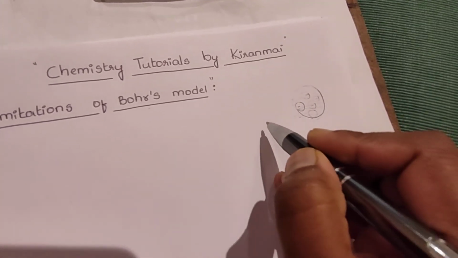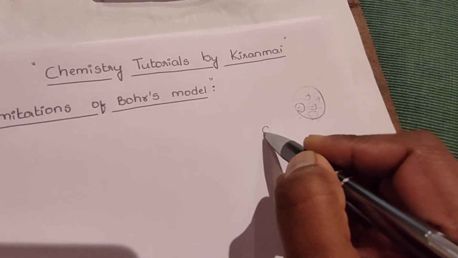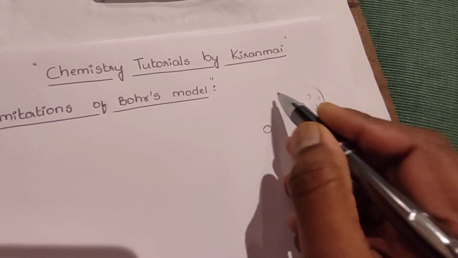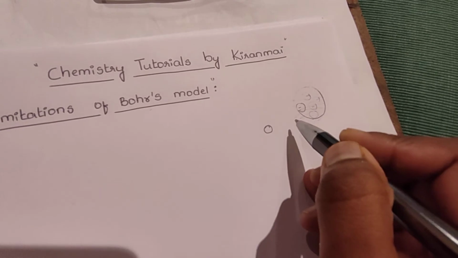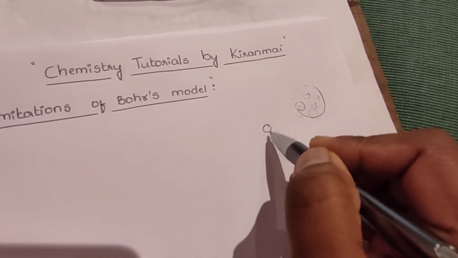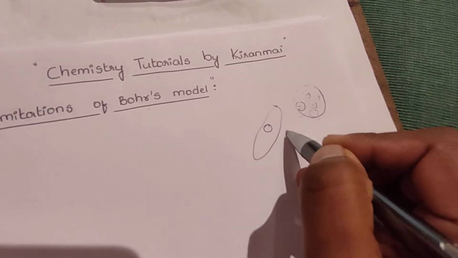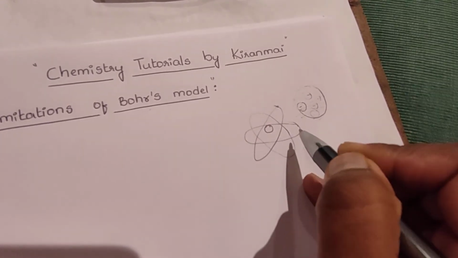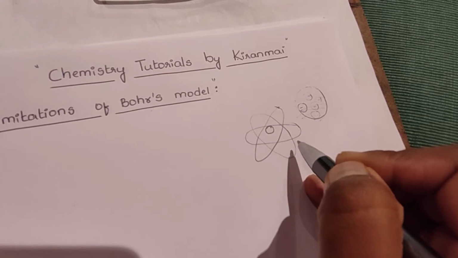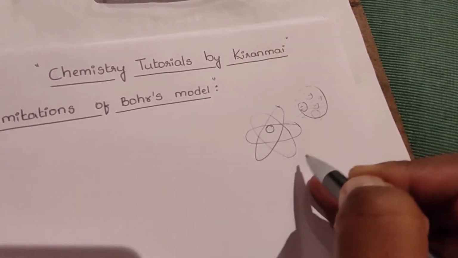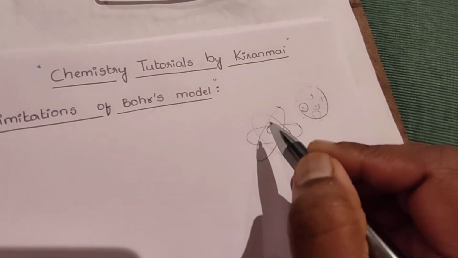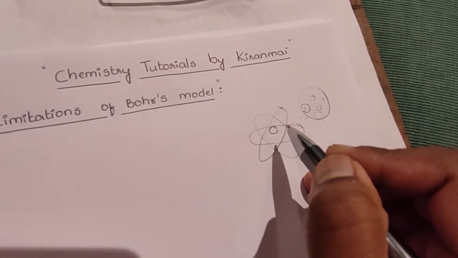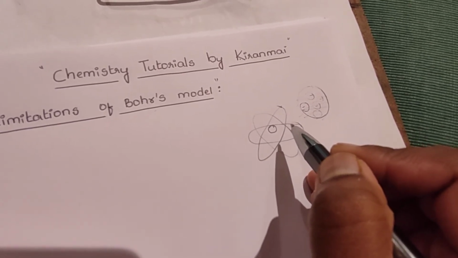So according to Rutherford, nucleus is a very small portion in which the mass of the atom is located and around which electrons are revolving. This is also known as a planetary model, but this model is also proved to be wrong as it cannot explain the stability of atom.